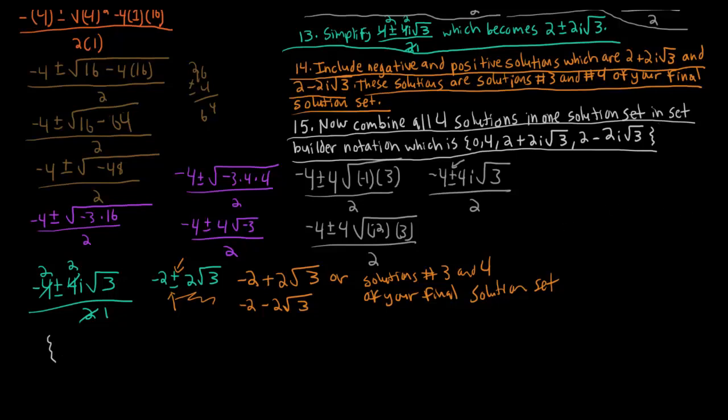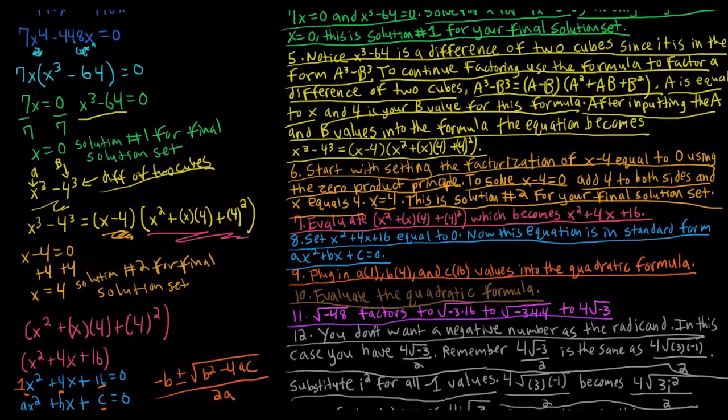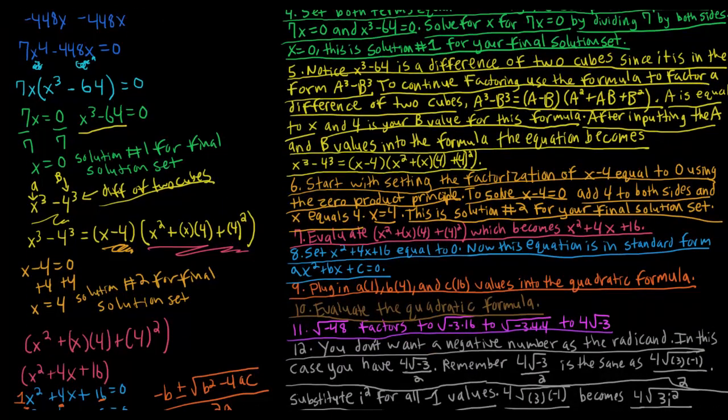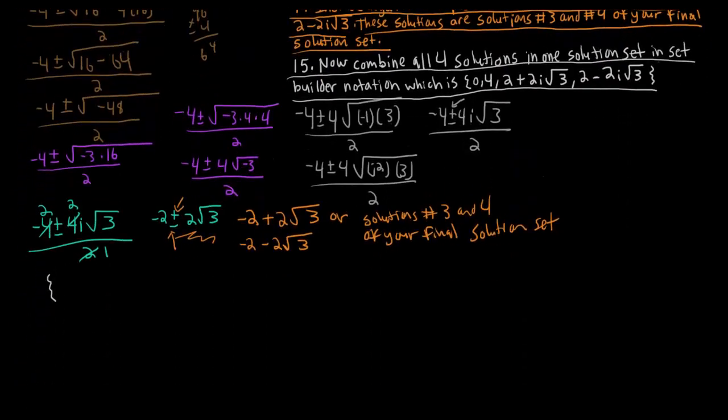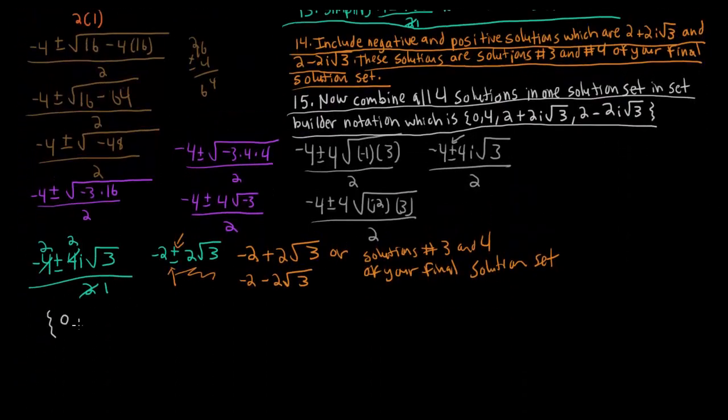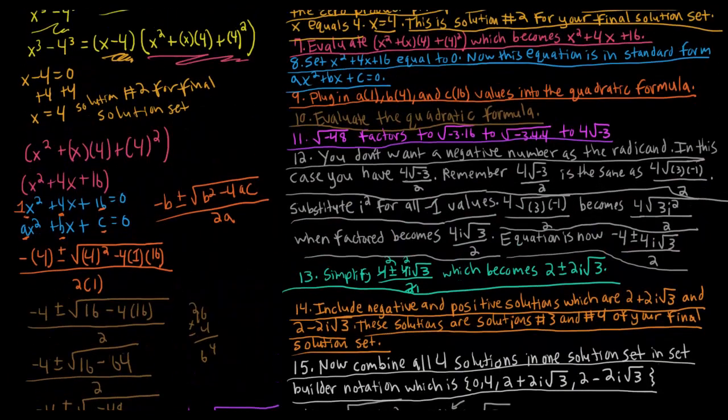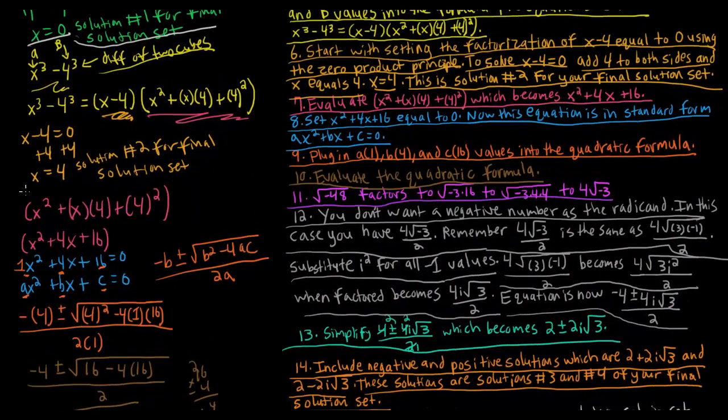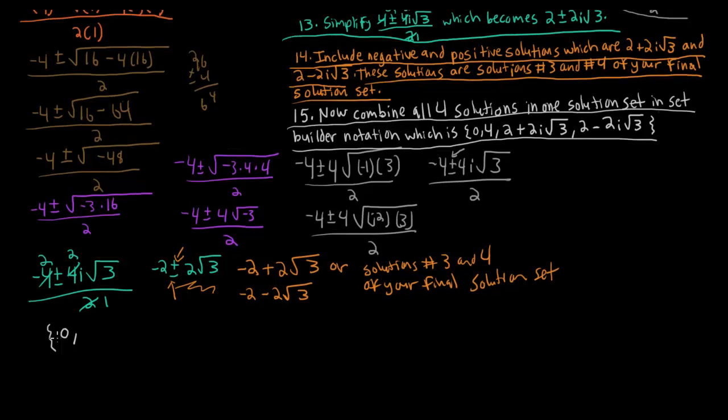If we remember, our first solution was right here, x equals 0. That's solution number 1. So we want to include the 0 inside of our curly brackets. Our second solution was up here, x equals 4. That's our second solution for the final solution set. So we need to put the 4 inside of the curly brackets.